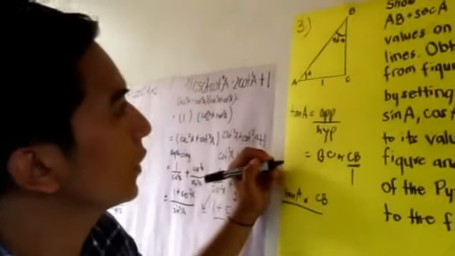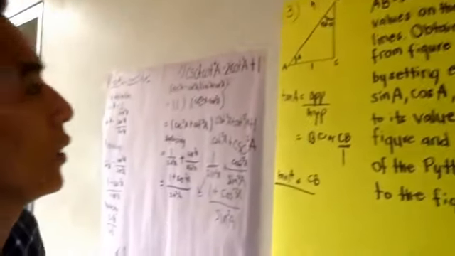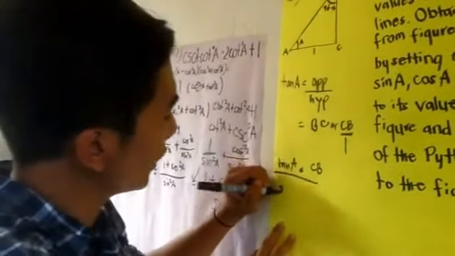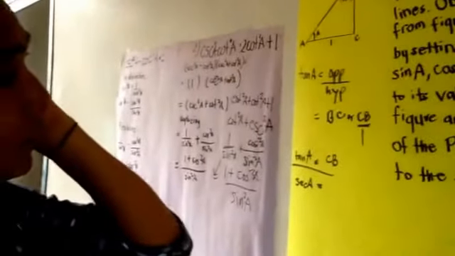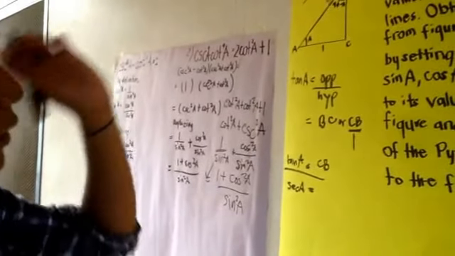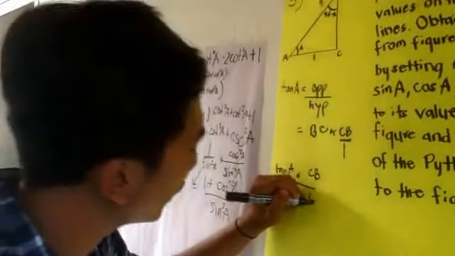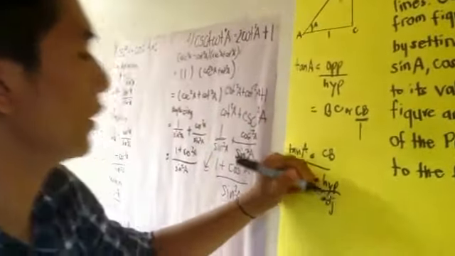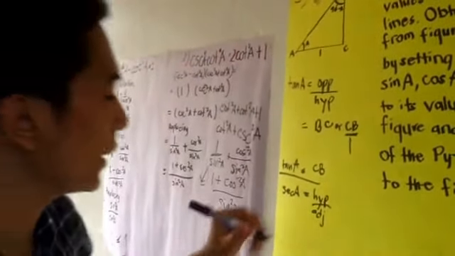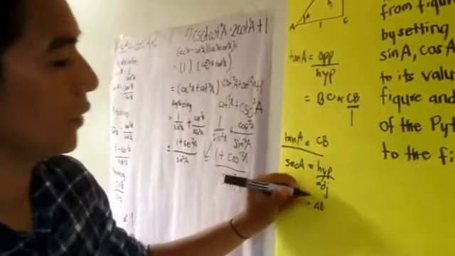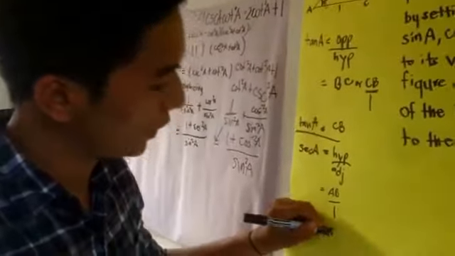Second, we prove that AB is equal to sec A. So we all know that sec A is equal to hypotenuse over adjacent side, and the hypotenuse is side AB over 1 or AB.